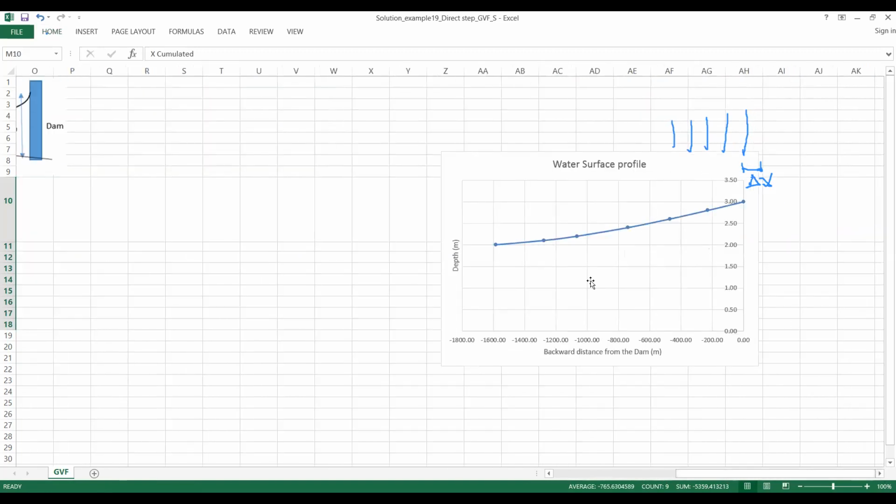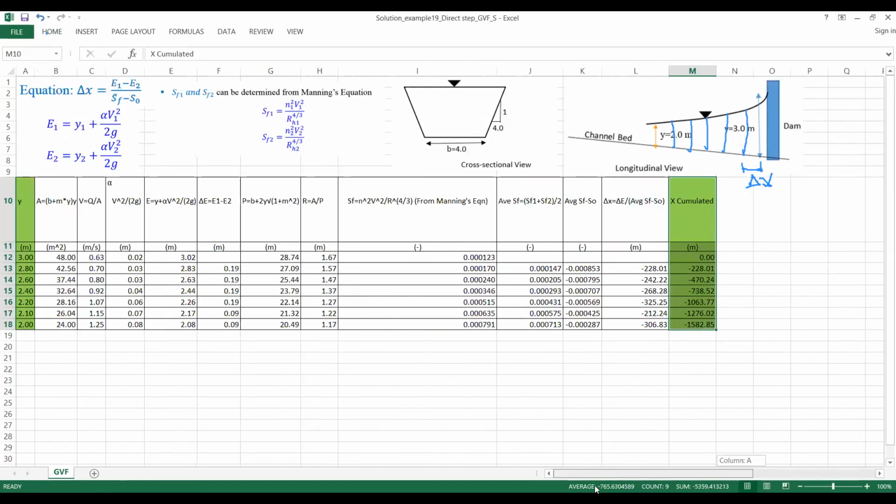That will be the plot of the depth and backward distance from the dam, and you can see that is actually a backwater profile. Okay, so that's it for the calculation of the gradually varied flow water profile. So we will move to the next part of this class.